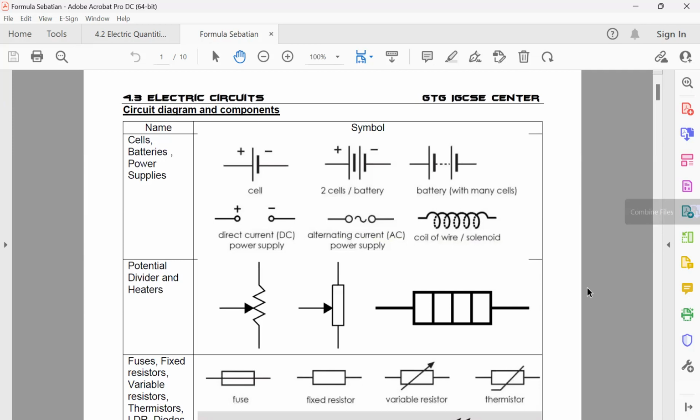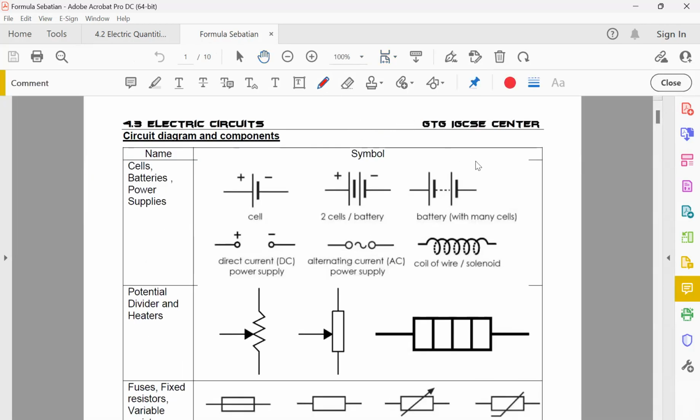If you look at this first part here, it's quite common sense. You know all these things are cells and batteries and whatnot. This is a direct current, this is an alternating current, guys. Probably the only relatively more important ones here are this one and this one, the AC and the DC symbol. Make sure you know this, right?